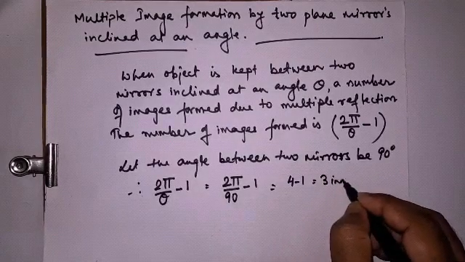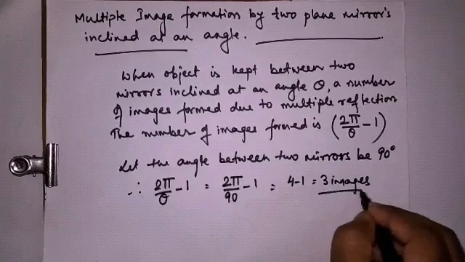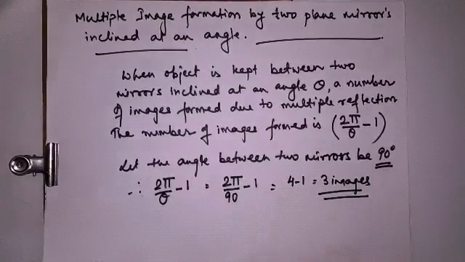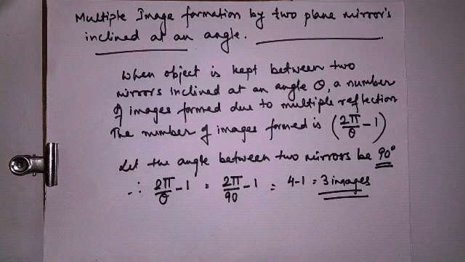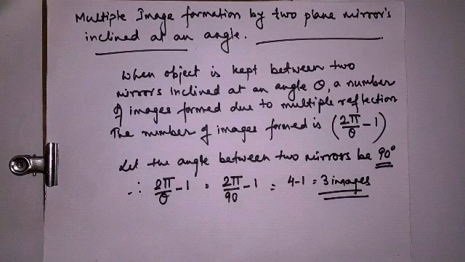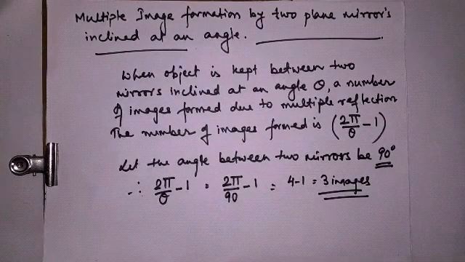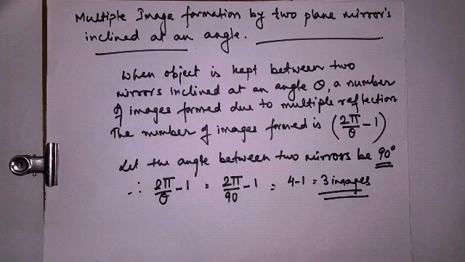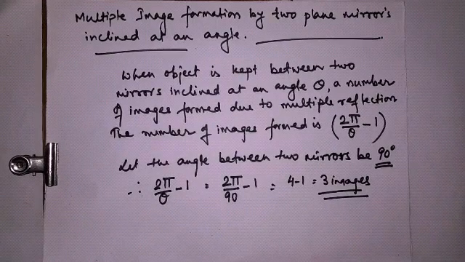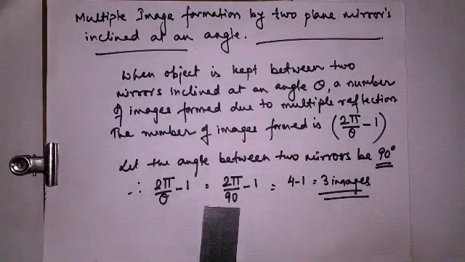So you are getting 3 images if you take 90 degrees as the angle between the two mirrors. Let us see if this actually happens or not. Let us first try to frame up a 90 degree angle so that we can place the mirror on it.